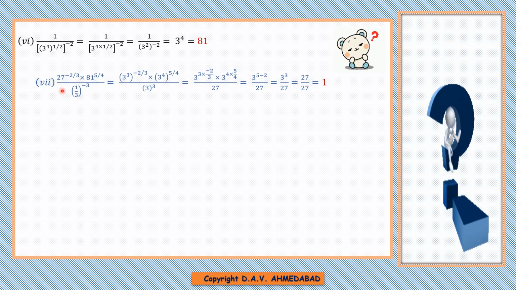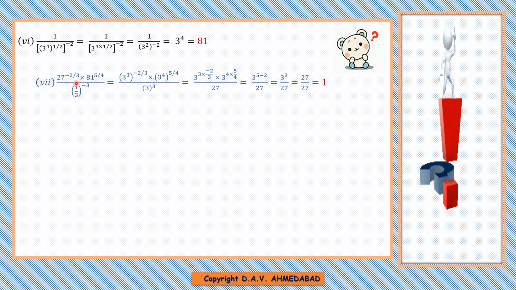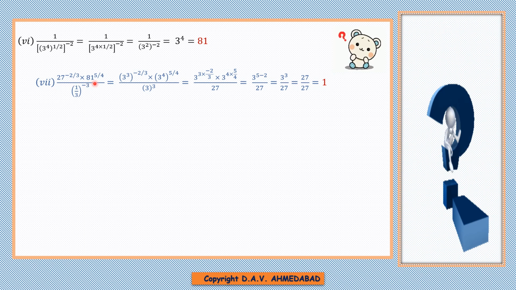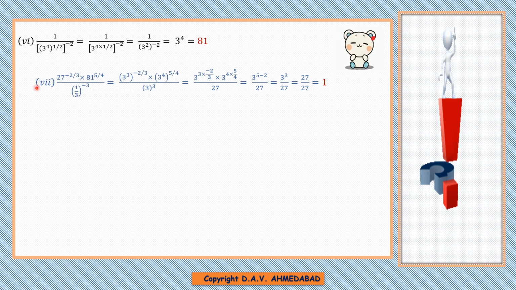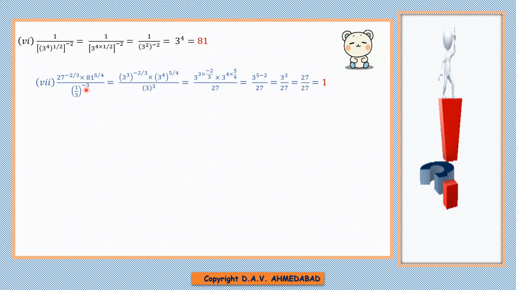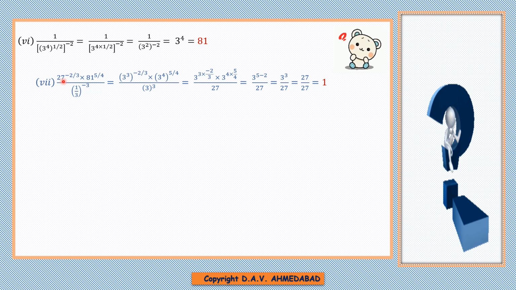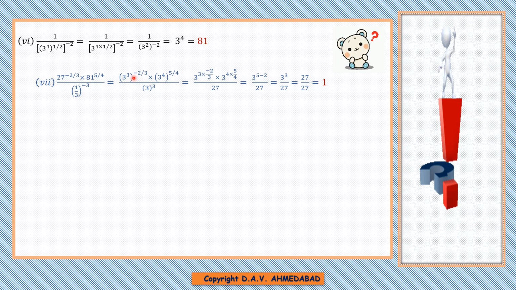Next question is 27 raised to the power minus 2 by 3 into 81 raised to the power 5 by 4 whole divided by 1 by 3 whole raised to the power minus 3. Children, 27 can be written as 3 cube. Why we are writing 3 cube?